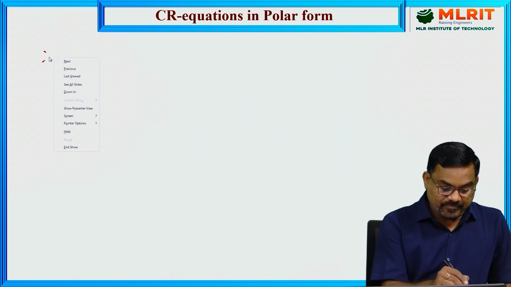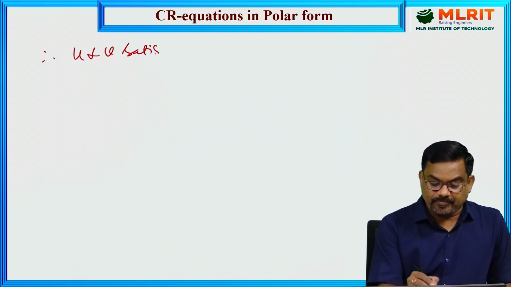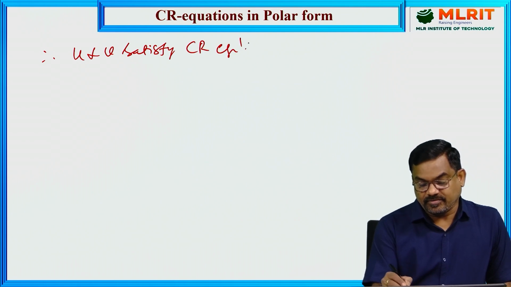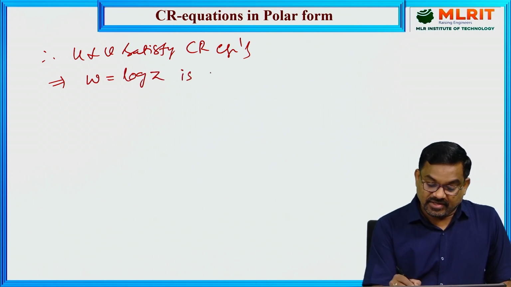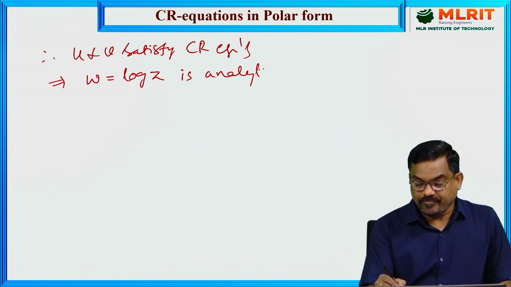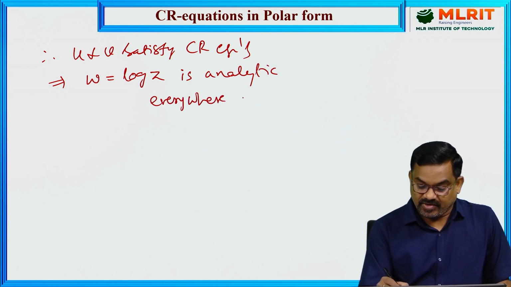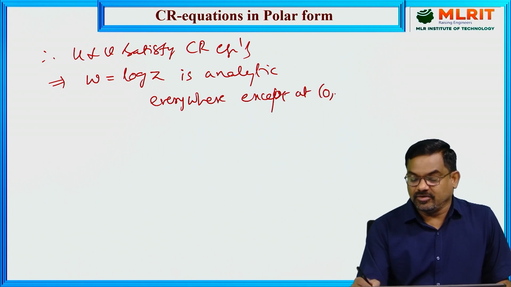Therefore, u and v satisfy CR equations. That implies the function w equal to log z is analytic everywhere except at the point (0, 0).